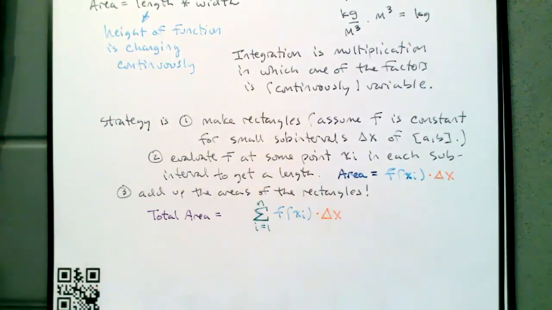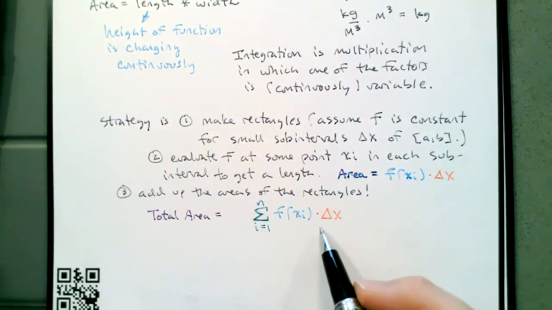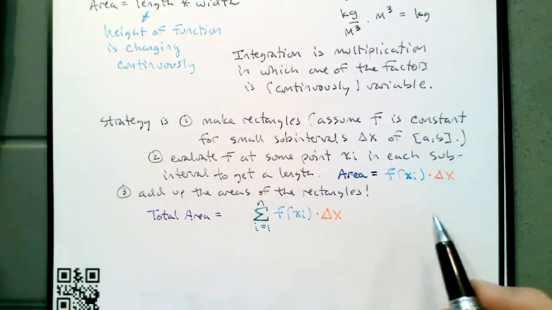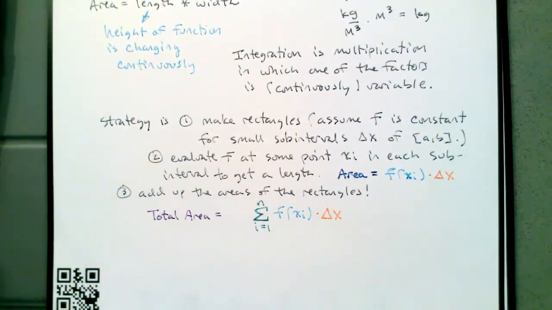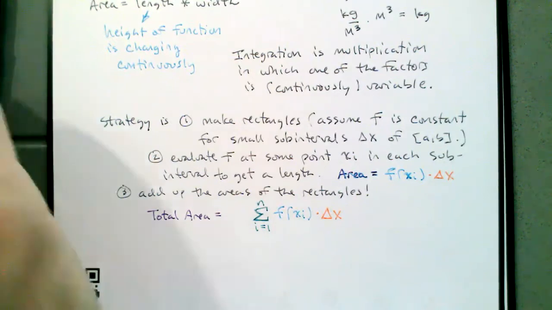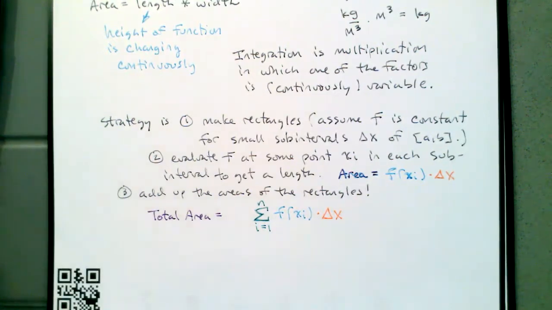Here we are using n rectangles because I have f at x1, f at x2, f at x3, all the way up to f at xn for the n rectangles. So this is our sigma notation to say add up the areas of the rectangles. And then since this is calculus, we use an infinite number of rectangles.